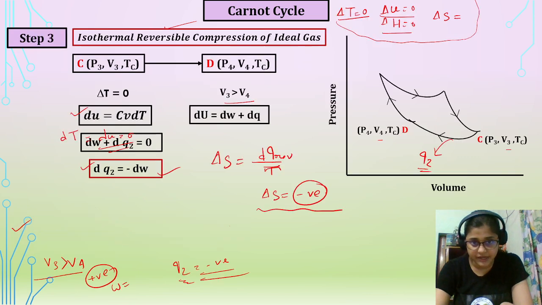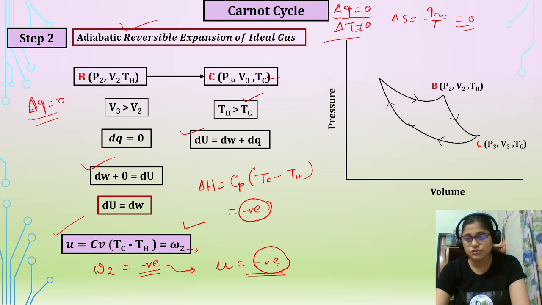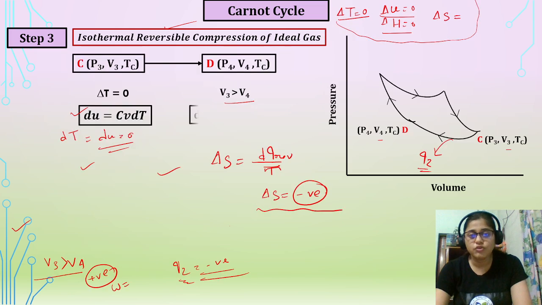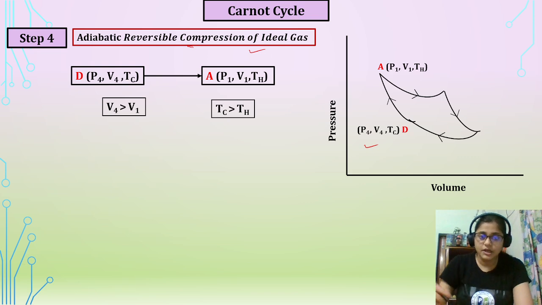No, this is not right. Here cooling was going on, so TH was greater than TC. Yes, so again the same thing will be there. TH will be greater than TC.